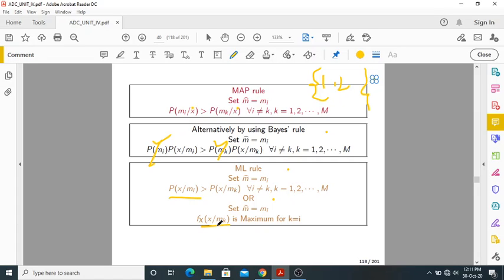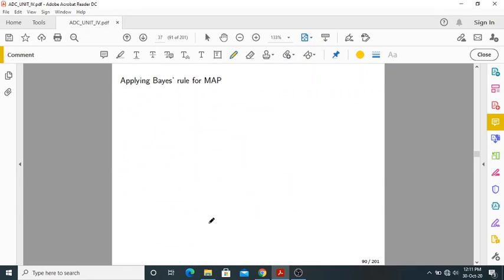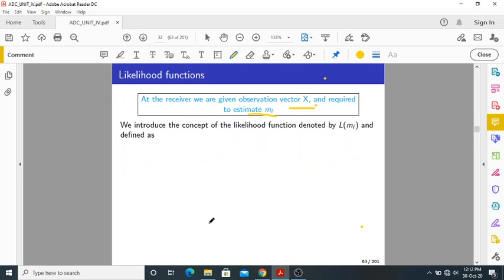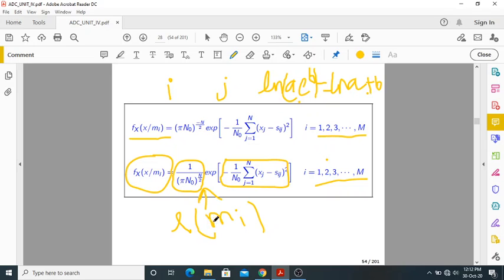Just now I found it out, isn't it? Now, for k equal to i, I will find out for which one it is maximum. In simple sense, without any confusion, I just say like this. If you are getting any confusion, simply let me go to this f of x given mi or mk. Where is that? Yeah.